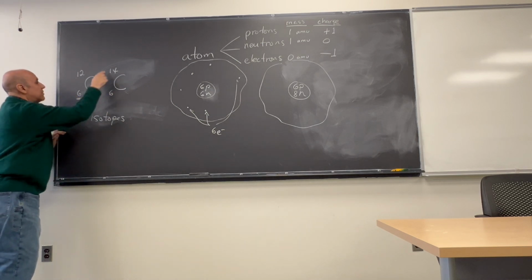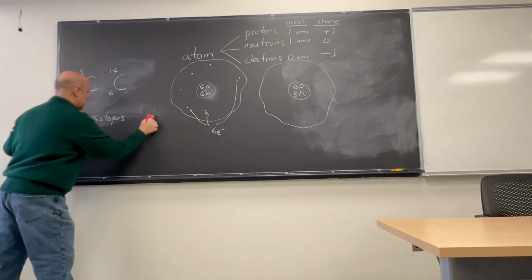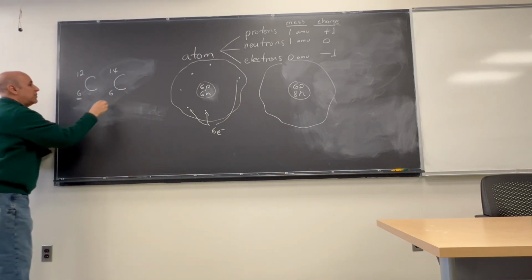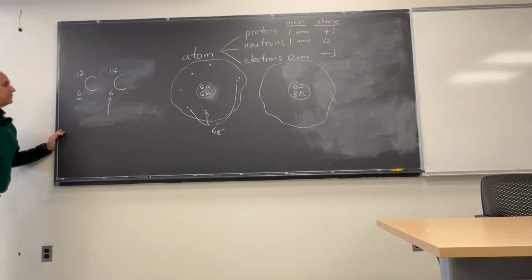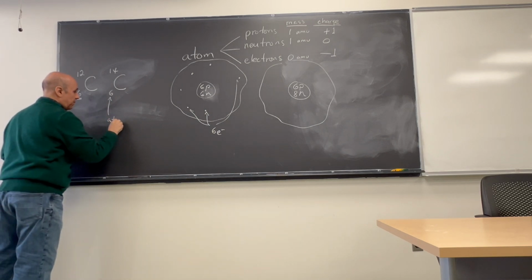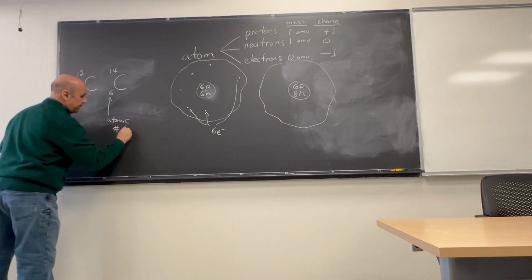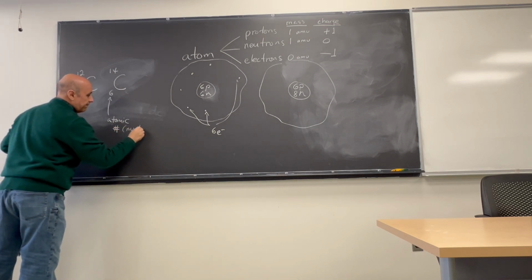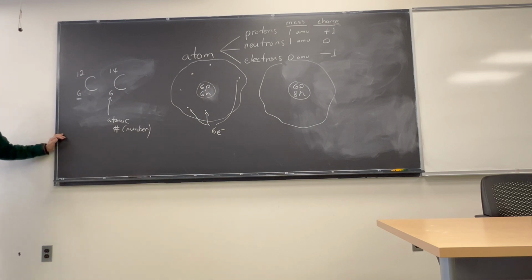What are these numbers called? Well, they do have a name, and I haven't asked you any questions today. I just want to get through this without boring you too much. So that number is simply called the atomic number. And it describes the number of protons.